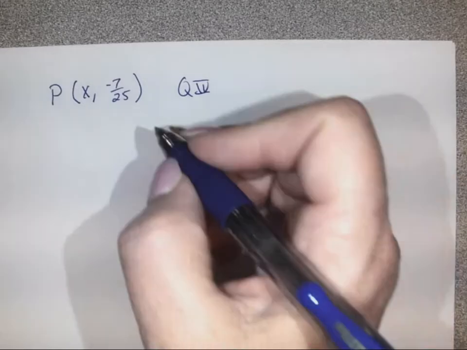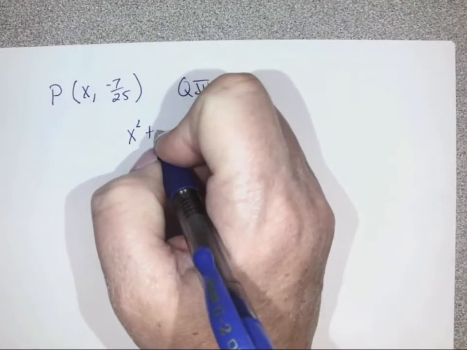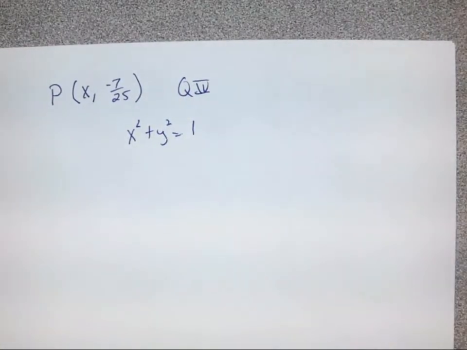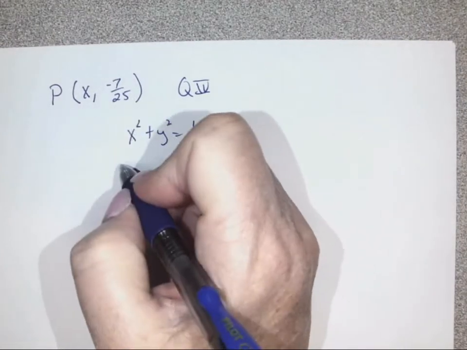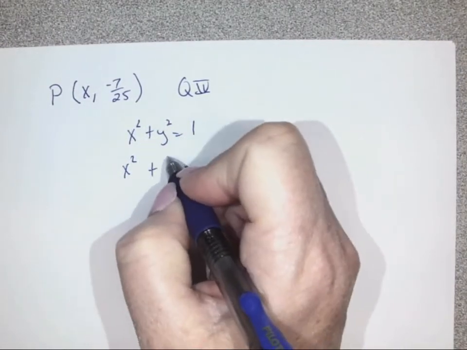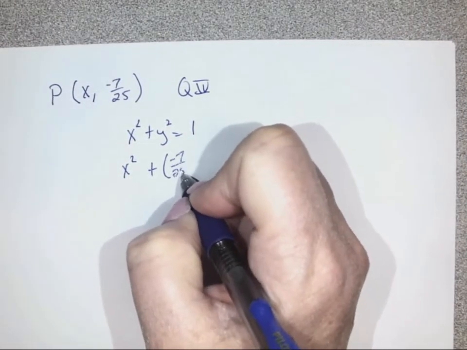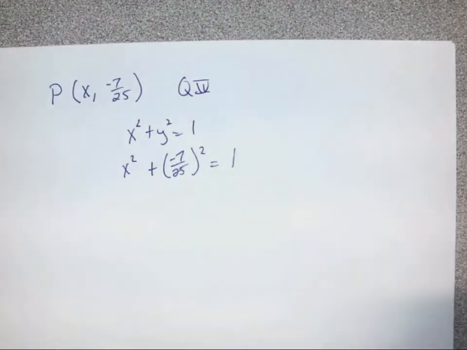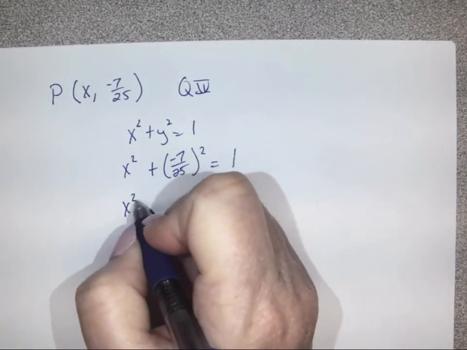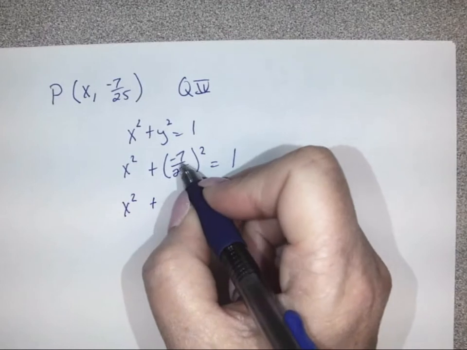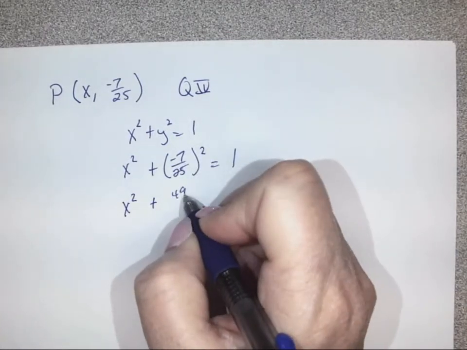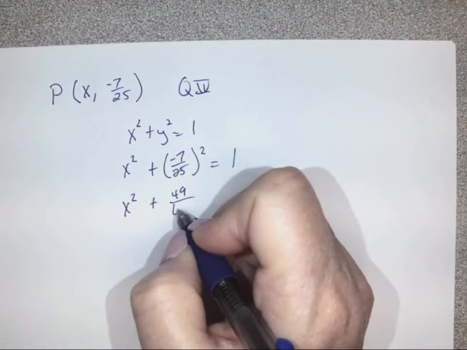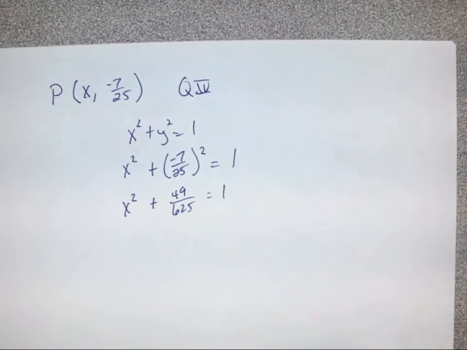We're doing the same equation. x squared plus y squared is equal to 1. So we'll have x squared plus negative 7 over 25 squared is equal to 1. That gets us x squared. Negative 7 squared is 49. 25 squared is 625.